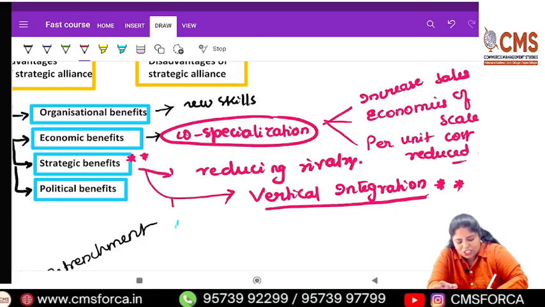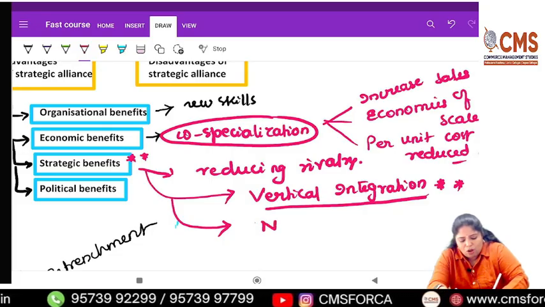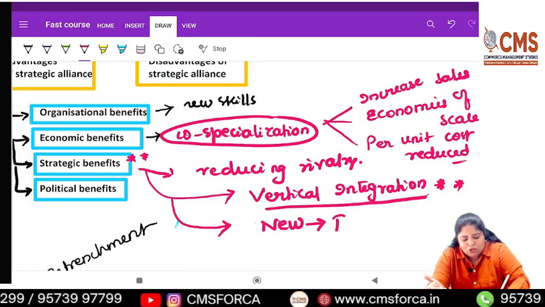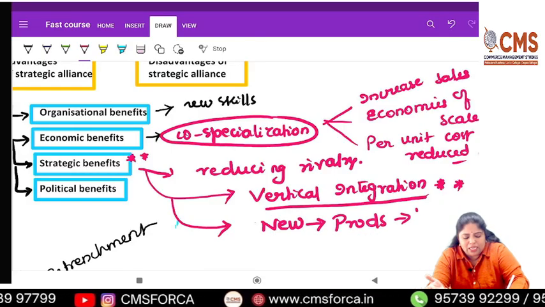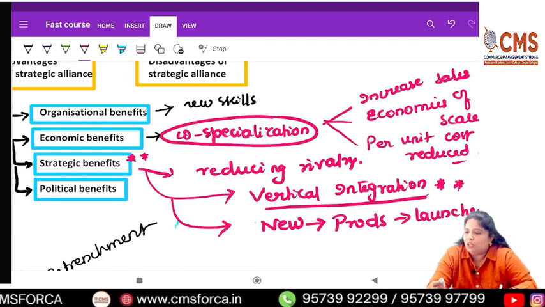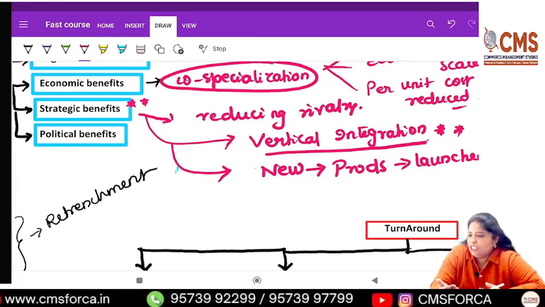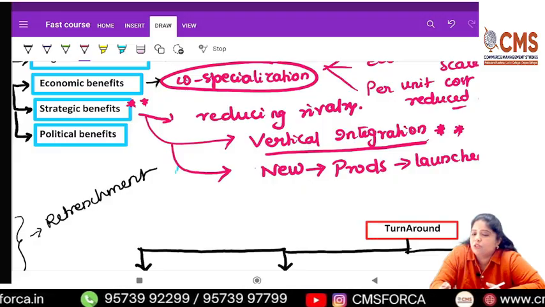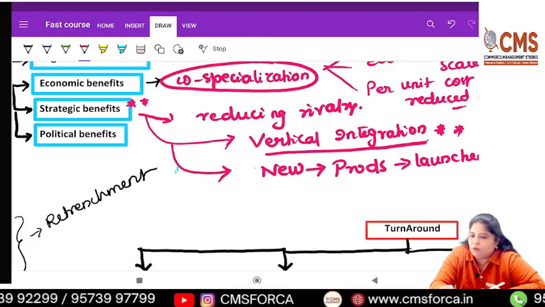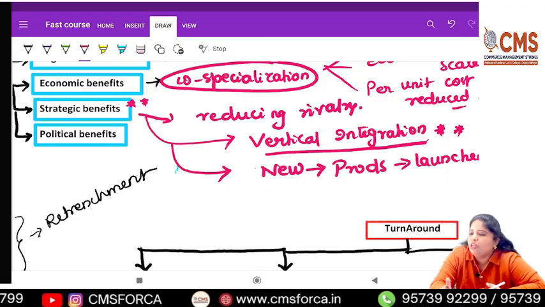And the next strategic benefit you may have to mention is that you can always work together. It's a collaboration, right? So new products can be easily launched into the market. Yesterday I already mentioned that whenever a new product has to be launched, a lot of research and development would be required. Without research and development, product innovation will not happen.